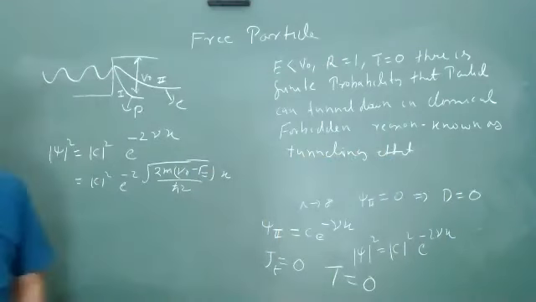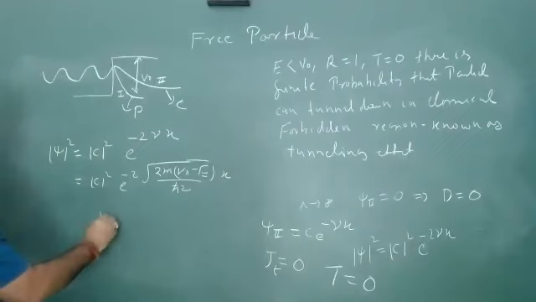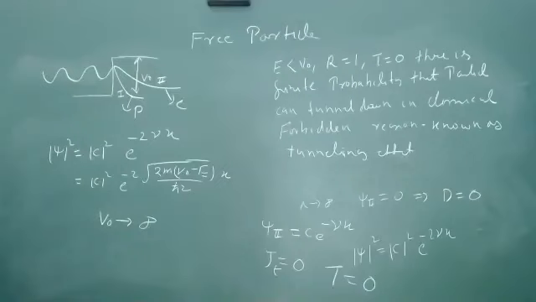And now I am taking this particular limit. If V naught tends to infinity, then what is going to happen? So psi will be 0. Mod psi square will be 0, means psi will be 0. Means whenever your potential is infinite, your wave function must be 0.